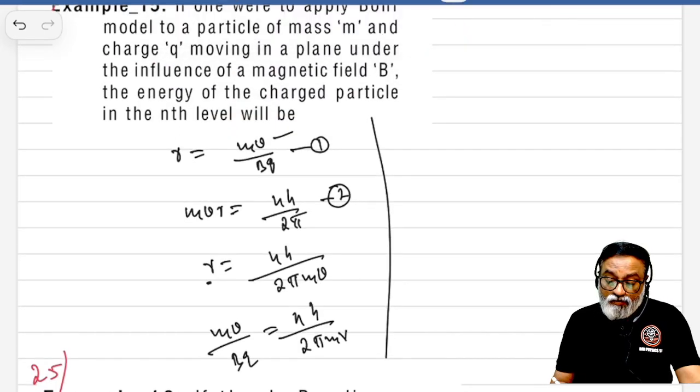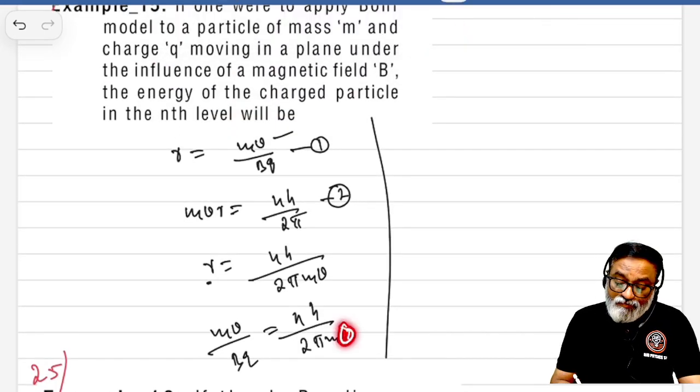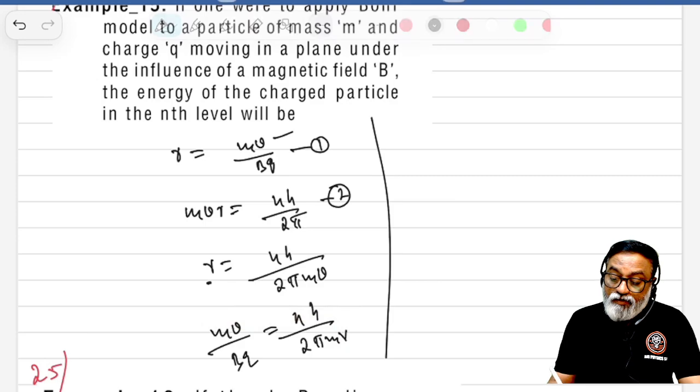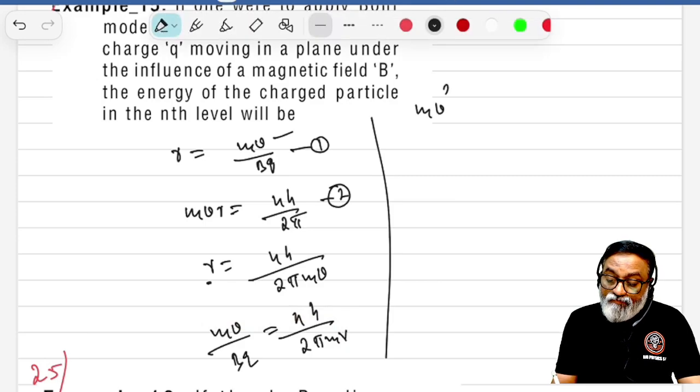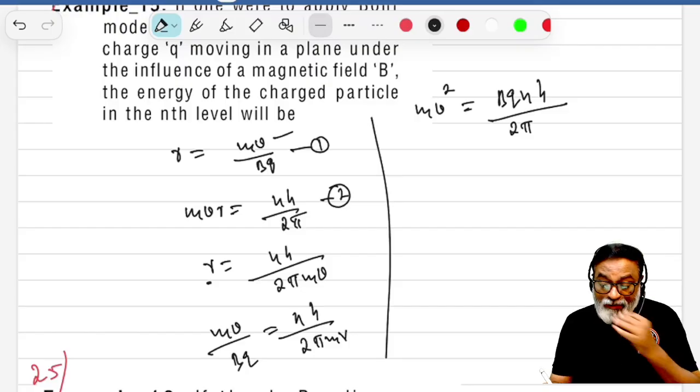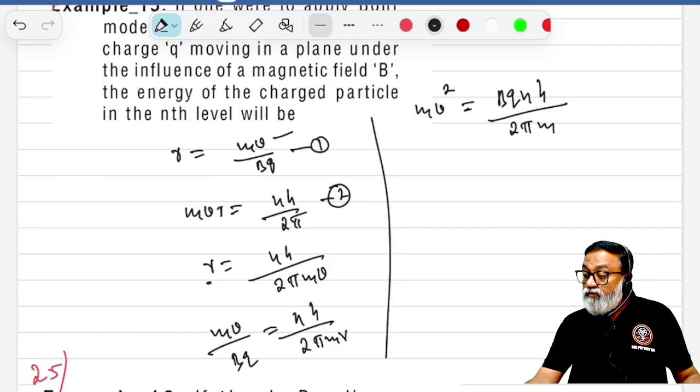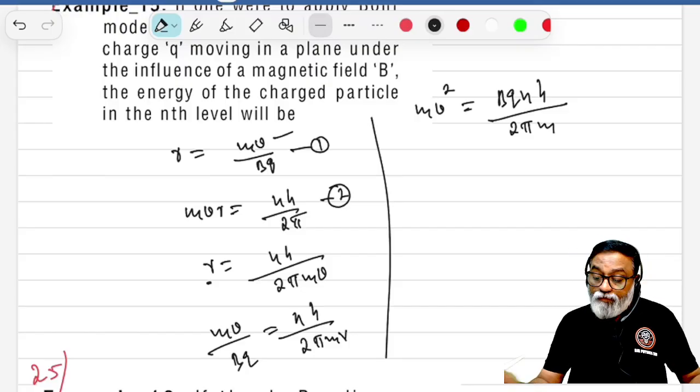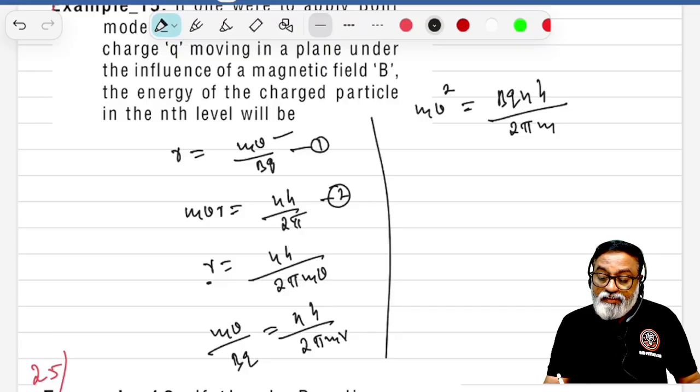Then, when this v comes here, mv square is equal to Bq nh by 2 pi m. This is mv square.